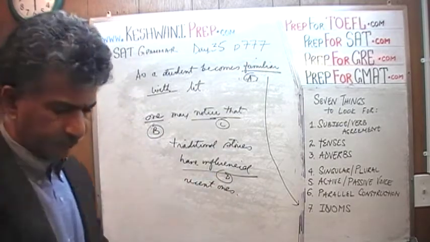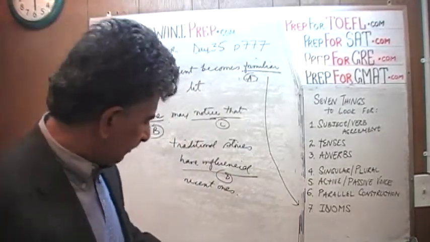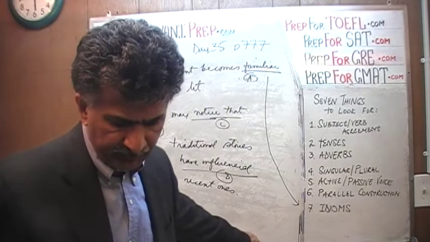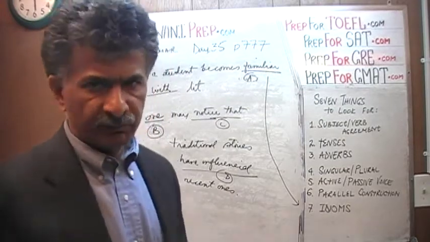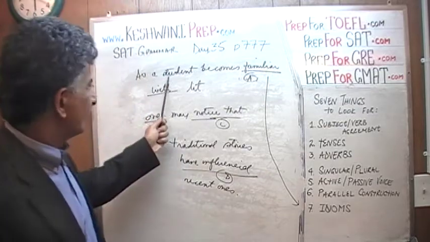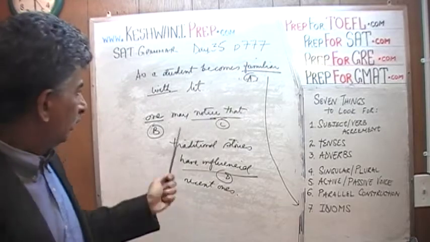Let's see what we can do with this sentence. Forget about the fact that it is both early and contemporary Native American literature. I left all of that out because that's the boring bits. Let's just concentrate on the juicy bits. As a student becomes familiar with literature, one may notice.